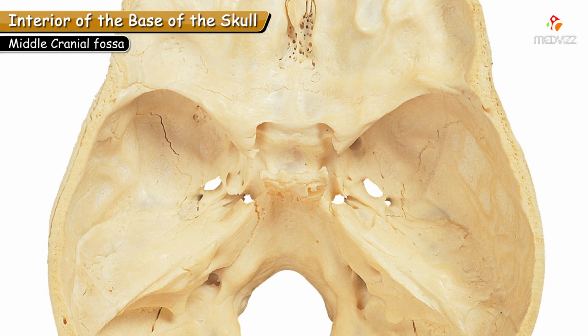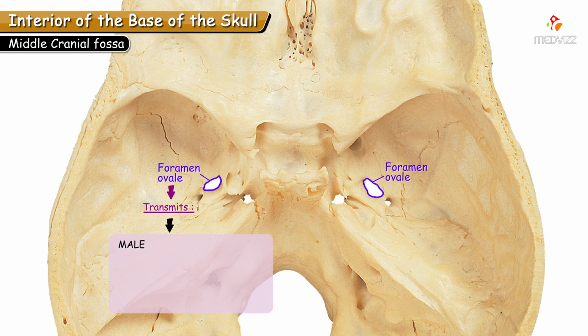The next important and most prominently seen foramen is foramen ovale, which we have already seen in norma basalis also. This foramen ovale transmits 4 structures and the mnemonic is MALE, M-A-L-E. M for mandibular nerve, A for accessory meningeal artery, L lesser petrosal nerve, and E emissary vein.